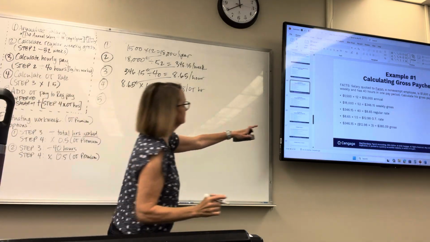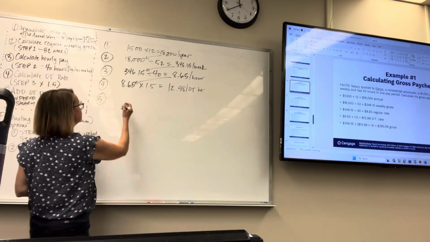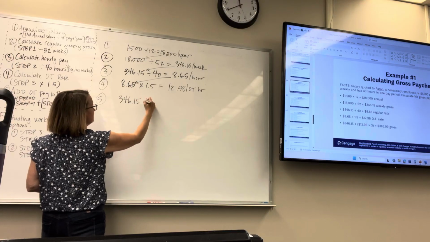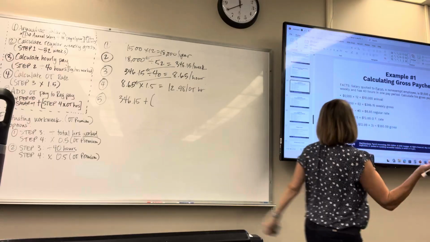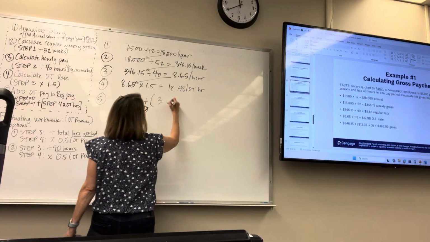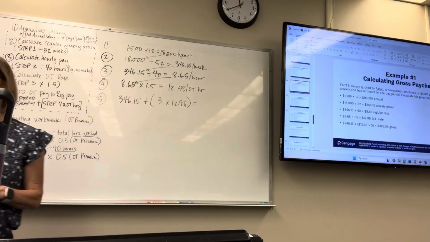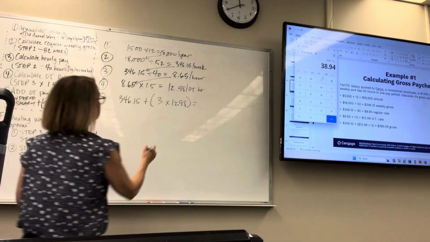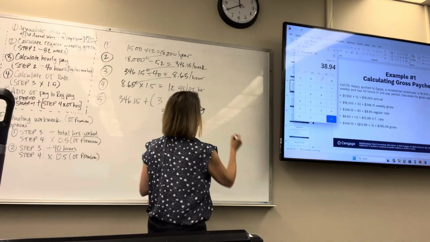Then we're going to take our pay period salary, which is already the $346.15, plus how many hours of overtime? So he worked 3 hours. 3 times 12.98. They didn't multiply this out, but I like to. $38.94. Add those together, $385.09.